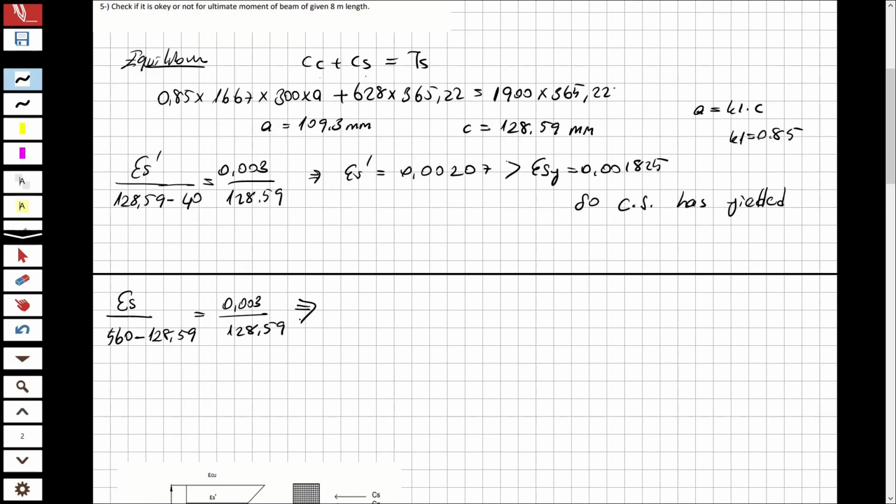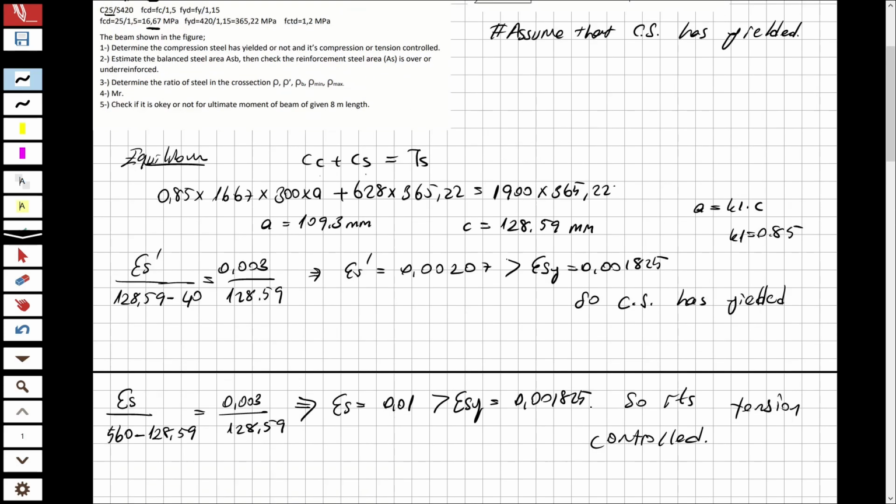From this I obtain epsilon s as 0.01. This is the strain of the tension steel. It is much greater than the yield strain of the steel, so it is tension controlled.